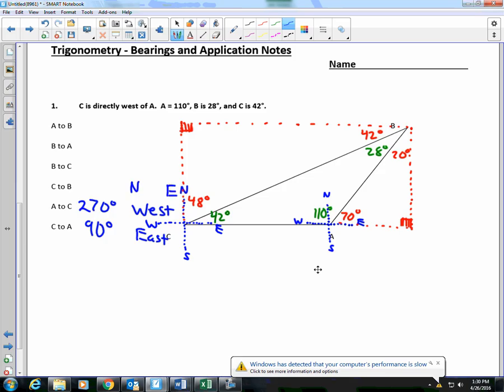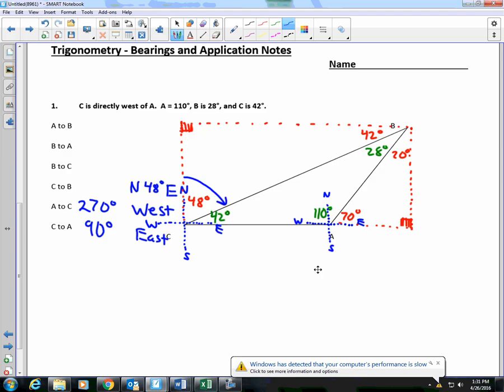Can somebody tell me how many degrees past north do you turn in order to get to your place of travel? 48 degrees. This is called a directional bearing. From north, we turn 48 degrees to the east. See that?